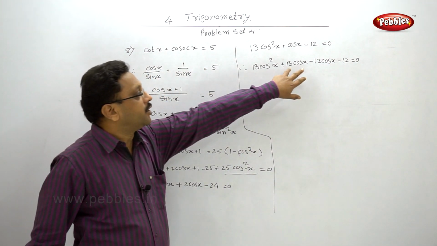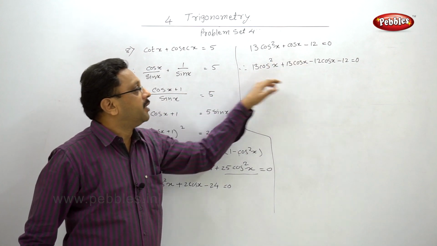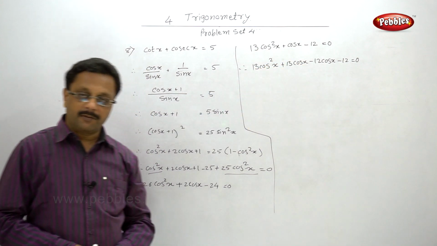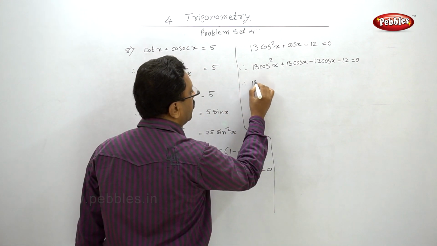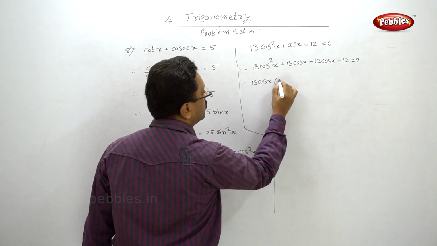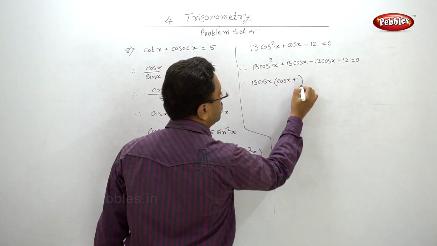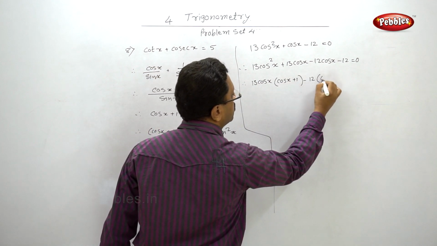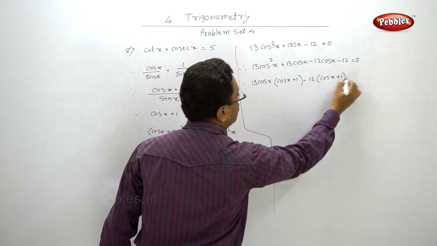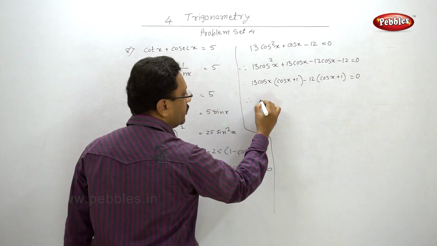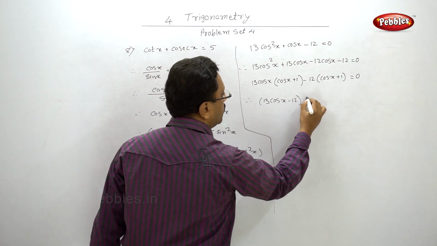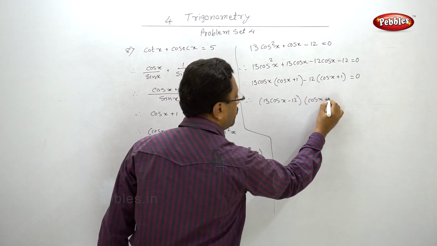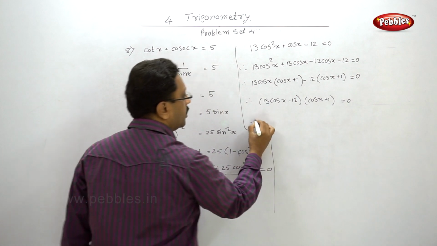So the addition is cos x and multiplication is 13 times minus 12. Now further simplify this. So we have 13 cos x minus 12 into cos x plus 1 equal to 0.